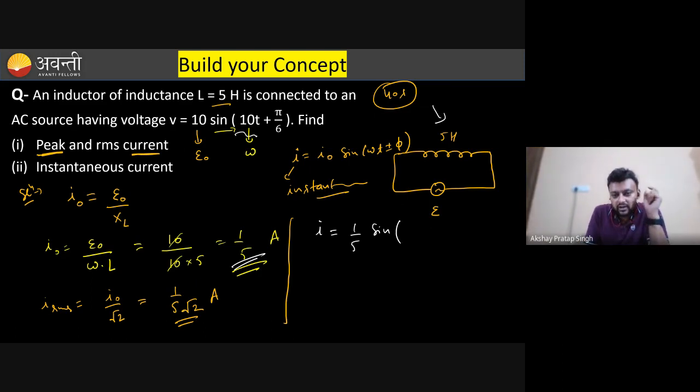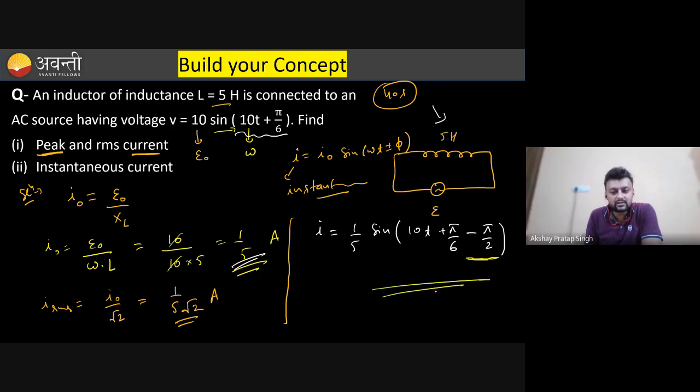So what is the original phase? 10t plus pi by 6 is the original phase. And this current will lag behind by how much angle? Pi by 2. Is the last statement clear to everyone? How is this minus pi by 2 coming? Is this statement clear? This is your answer. Is this statement clear to everyone?